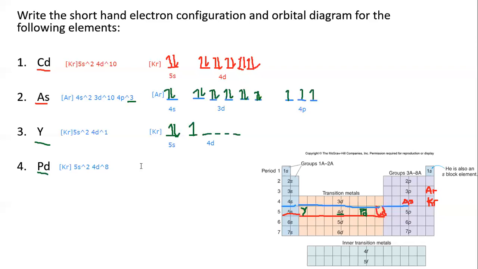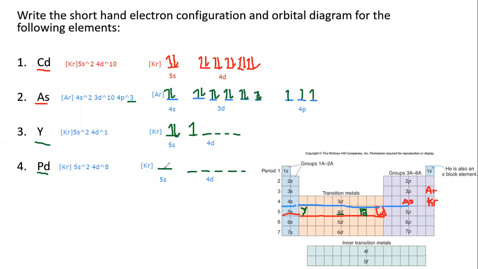Now if we do the orbital diagram, krypton, we have the 5s orbital and the 4d orbital.